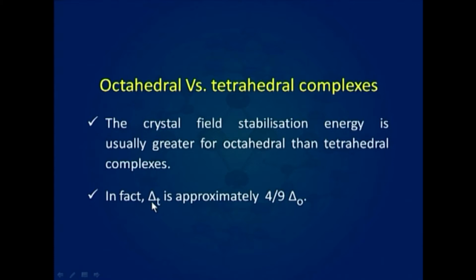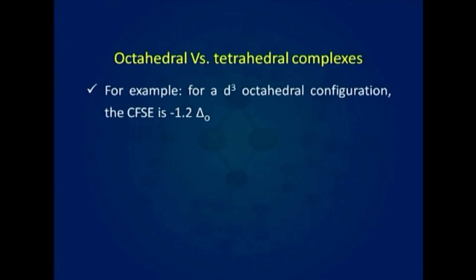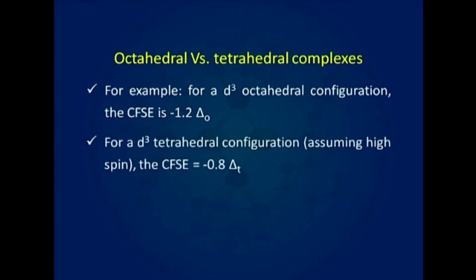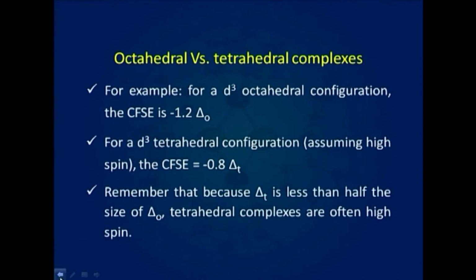In fact, delta T is approximately equal to 4 by 9 delta O. We can calculate the difference in stabilization energy between octahedral and tetrahedral geometries by putting everything in terms of delta O. For example, for a d3 octahedral configuration, the crystal field stabilization energy is minus 1.2 delta O. For a d3 tetrahedral configuration, assuming a high spin complex, the crystal field stabilization energy is equal to minus 0.8 delta T. Remember that because delta T is less than half the size of delta O, tetrahedral complexes are often high spin. We can now put this in terms of delta O.